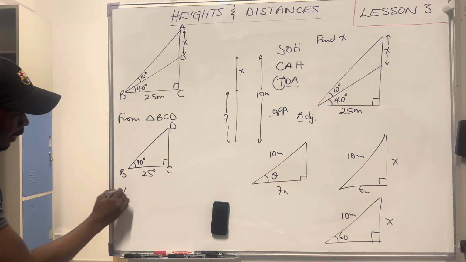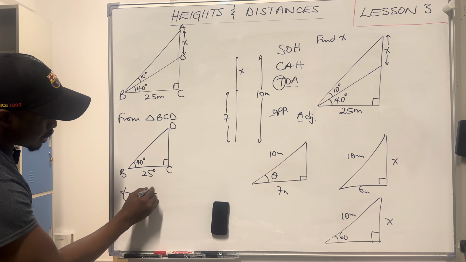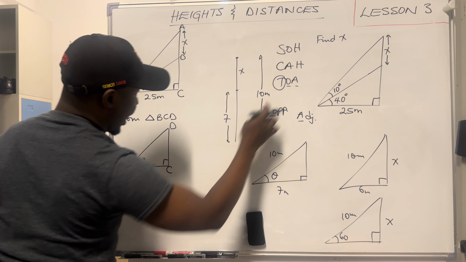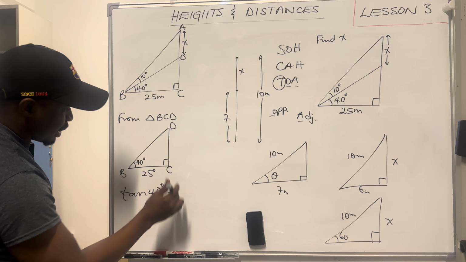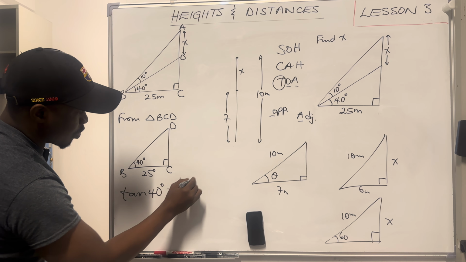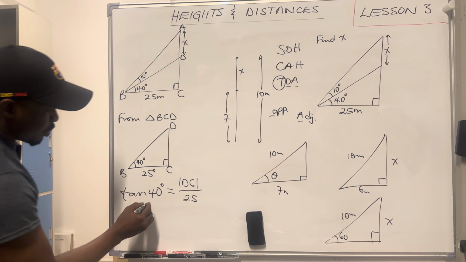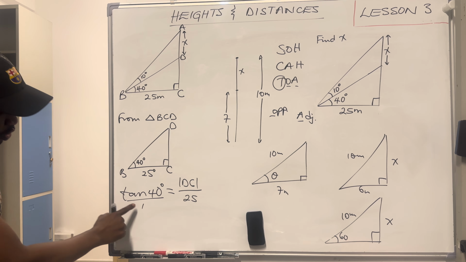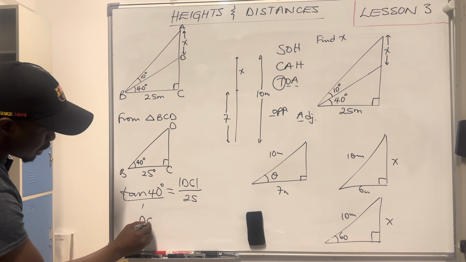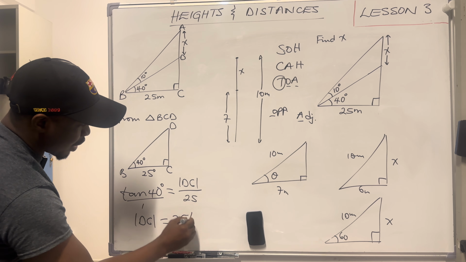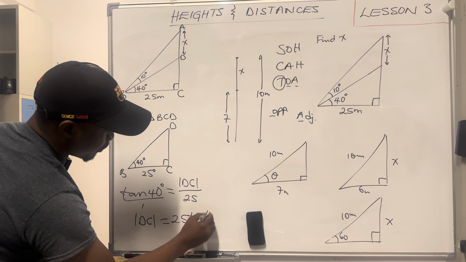So we say tan 40 degrees equals opposite over adjacent. What is the opposite? It's DC over what? The adjacent, which is 25. We give this 1. 1 times DC is DC. Tan 40 times 25. 25 tan 40.